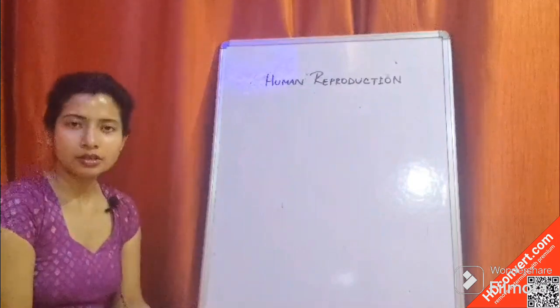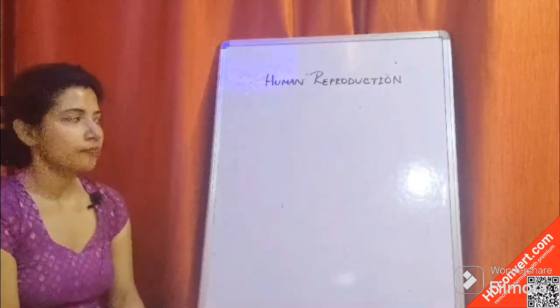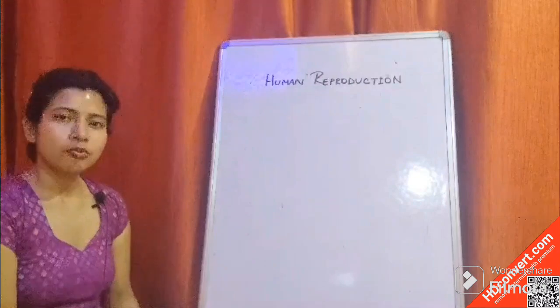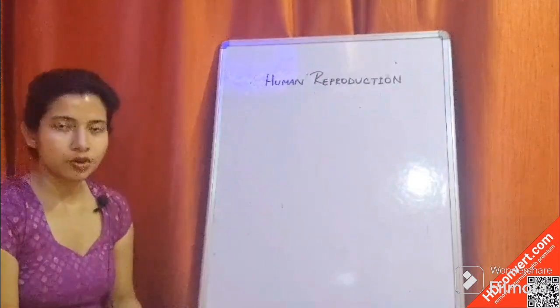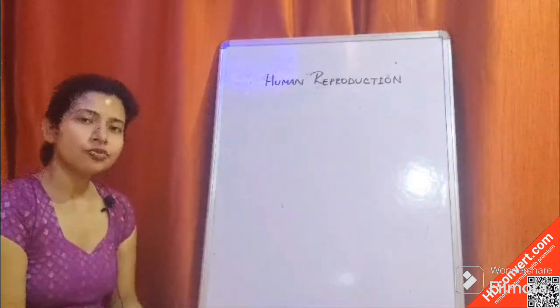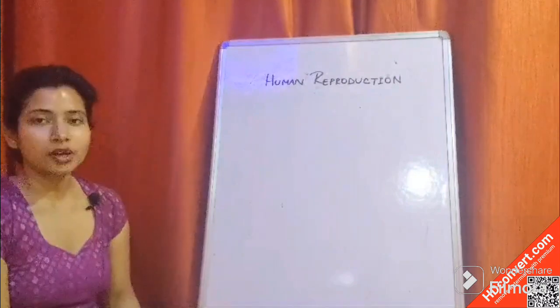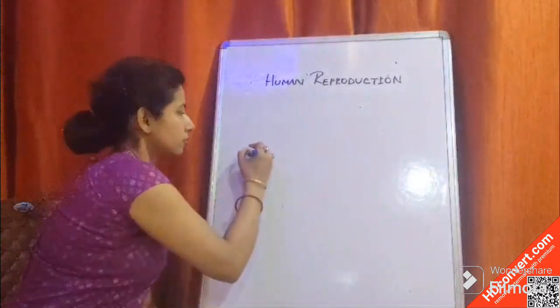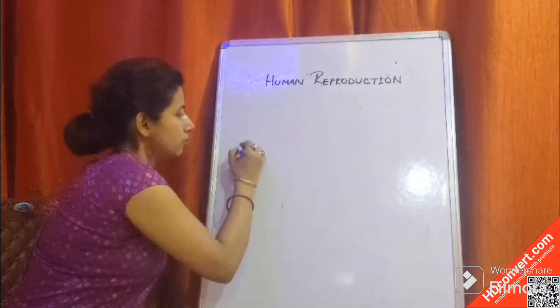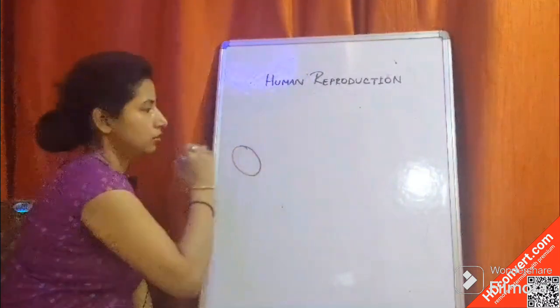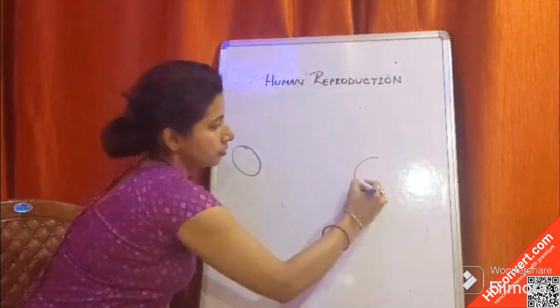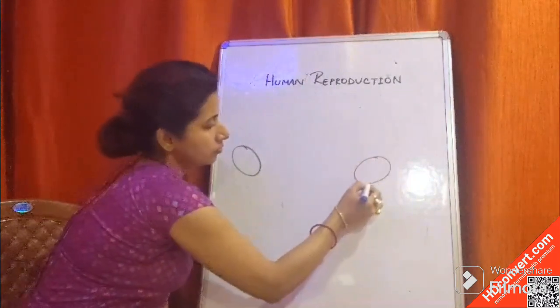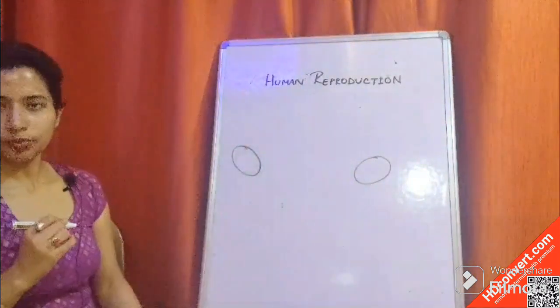Like in male it is testis, in female it is ovary. Ovary, testis, both are gonads, gamete producing organs, and they both show a similar shape, that is oval shape. See? Oval shape ovary.